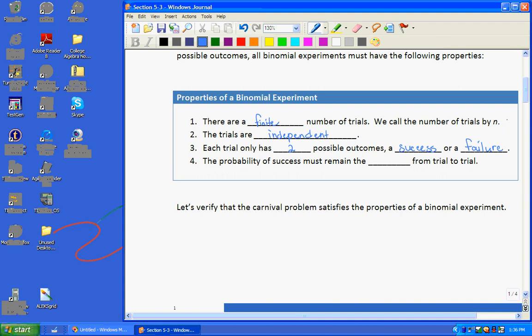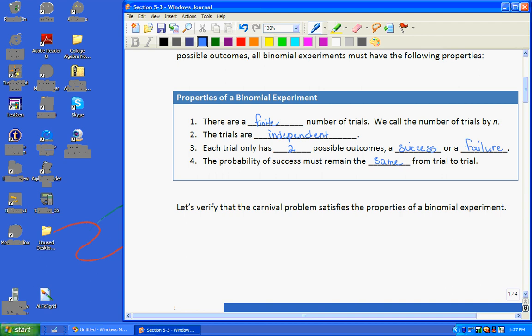And number 4, the probability of success must remain the same from trial to trial. So this is similar to sampling with replacement, when each trial is going to start off with the same arrangement, the same possibility of getting an outcome. So the probability of success has to be the same from trial to trial.